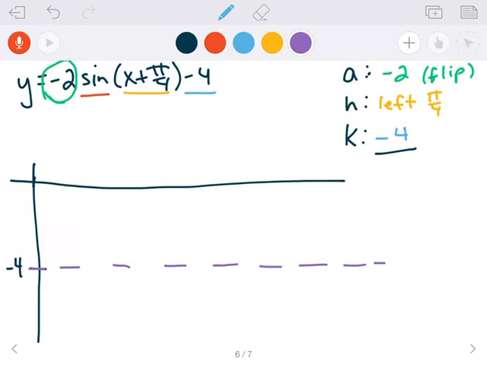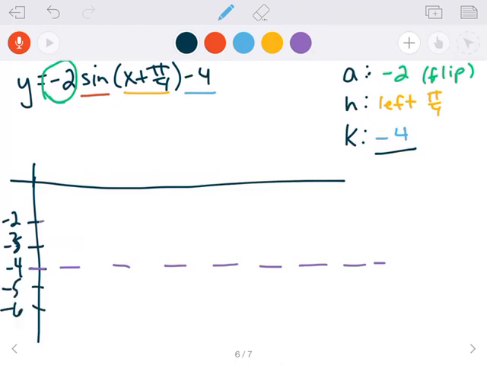And the next step then is to use the amplitude or the a value to determine the maximum and minimum values for our graph. So if the stretch is 2, that means our graph is going to go up 2, -5, sorry, whoa. If I could count backwards, -3, -2, and it's going to go down 2, which is where we get -5 and -6.